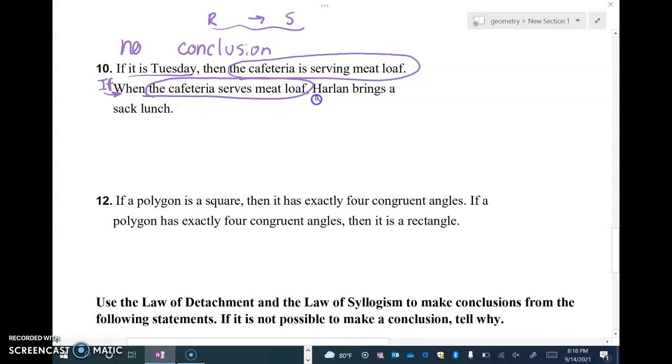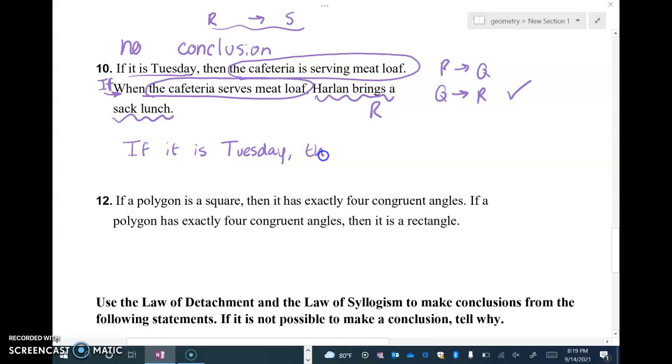Then it says Harlan brings a sack lunch. That's our new thing, so that's R. So you can see here we have on the top line if P, then Q, and then the next line that's also Q. If Q, then R. So that's our law of syllogism, right? So we can say if it is Tuesday, if P, then Harlan brings a sack lunch. I just spelled Tuesday wrong, yikes.